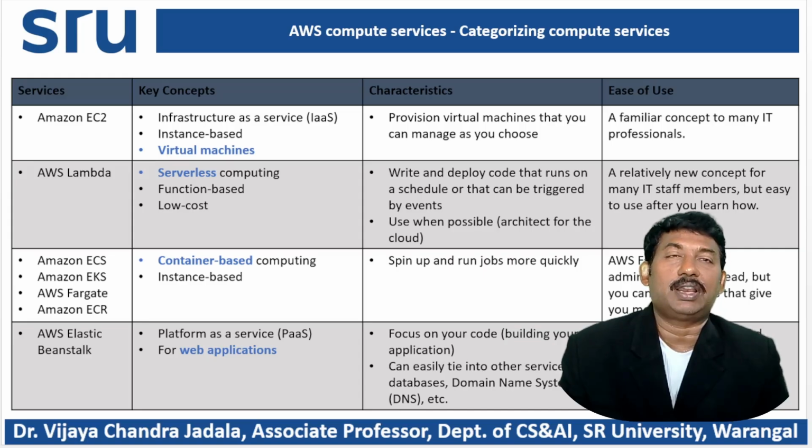Then comes Amazon ECS, that is Amazon Elastic Container Service. Then Amazon EKS, that is Amazon Elastic Kubernetes Service. AWS Fargate, then Amazon ECR, Amazon Elastic Container Registry. All these are container-based computing services which run with the help of instances. Whereas AWS Fargate reduces the administrative overhead, but it lets you opt for the control conditions.